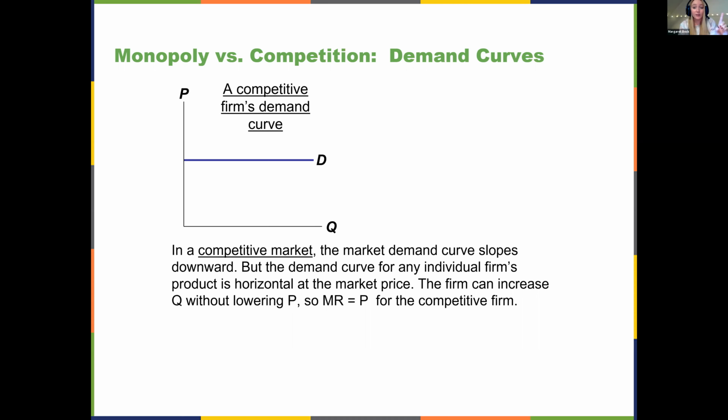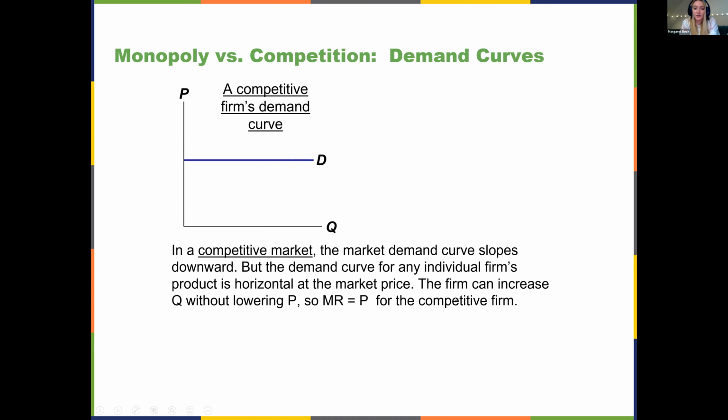So if one business out of hundreds decides to change their price, everyone knows not to buy from them. Or the demand for that one business is perfectly elastic. Perfectly elastic demand curves are horizontal. So that's just another way of thinking about how the demand curve works for a single firm in a perfectly competitive setting.